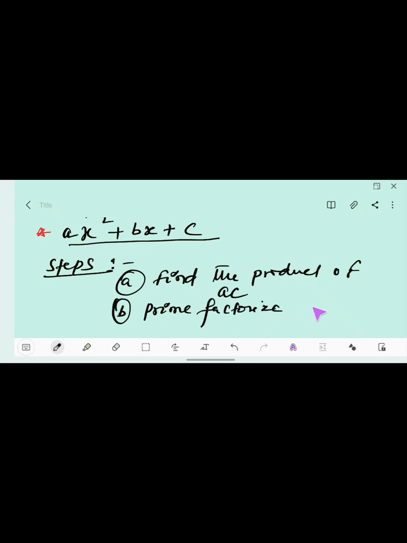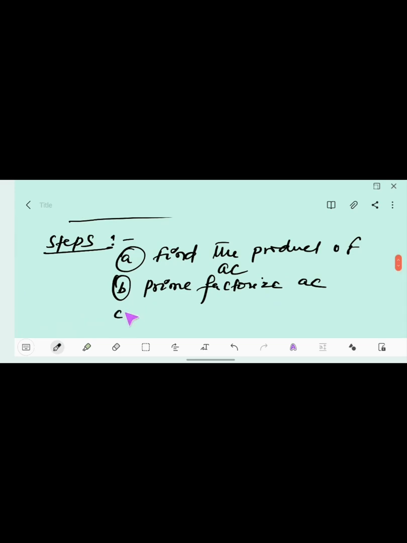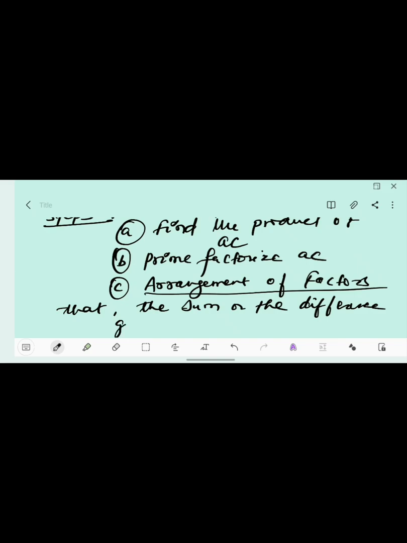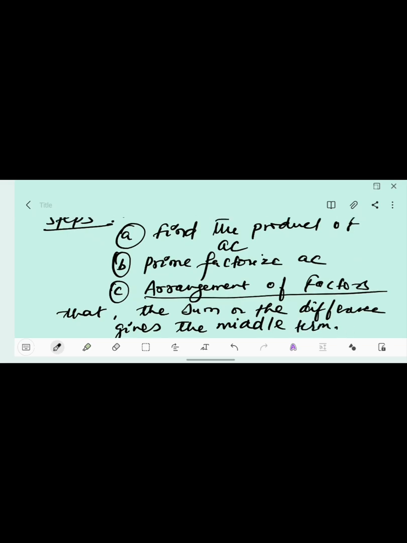Number three, the last part is the arrangement of factors. Arrange the factors in such a way that the sum or the difference gives the middle term. This much is all that is required to solve the question.